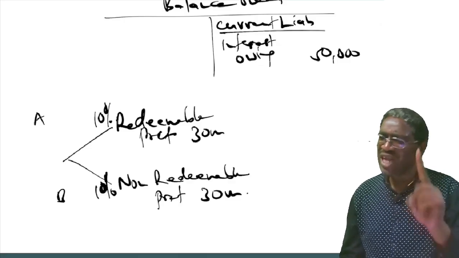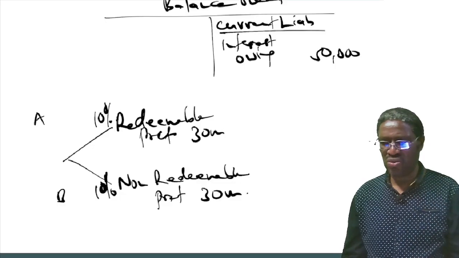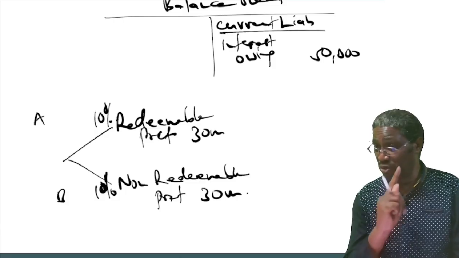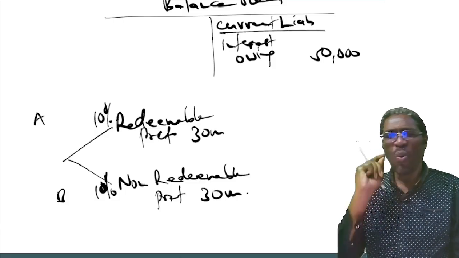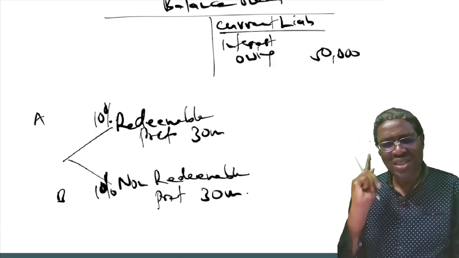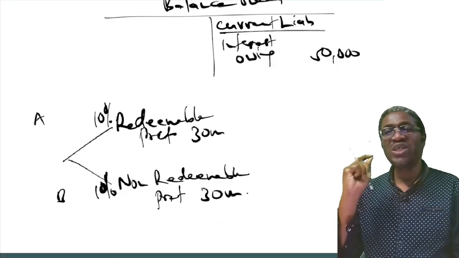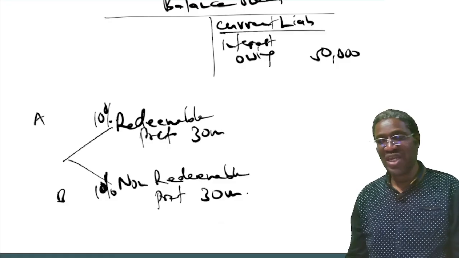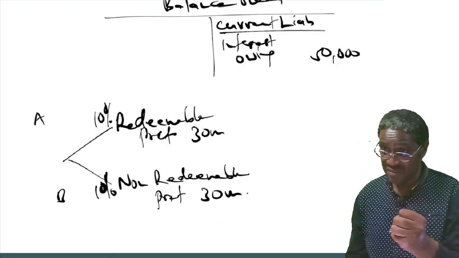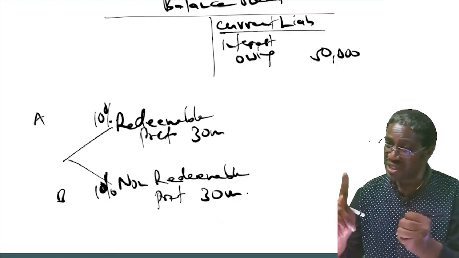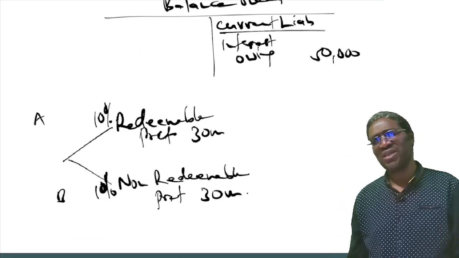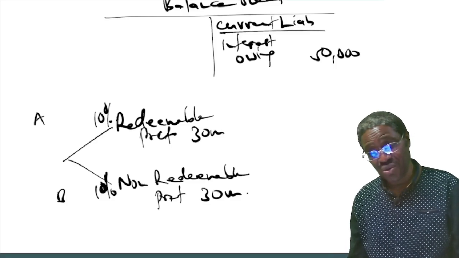When they were issuing that preference share, they were telling the shareholders, the providers of capital at that time, that one time in the future we shall redeem these preference shares. In other words, we shall buy them back. We shall pay you your 30, you bring back our share certificates. That's what they were telling them 10 years ago.